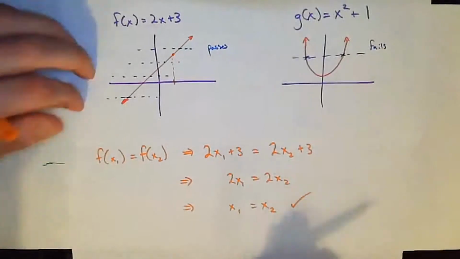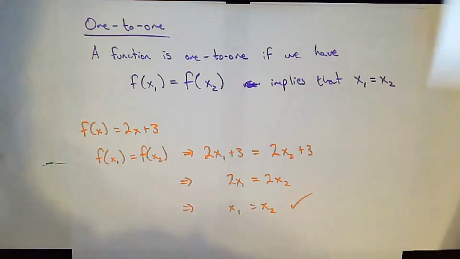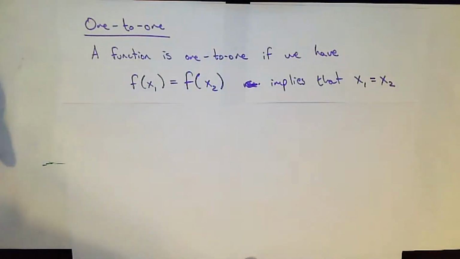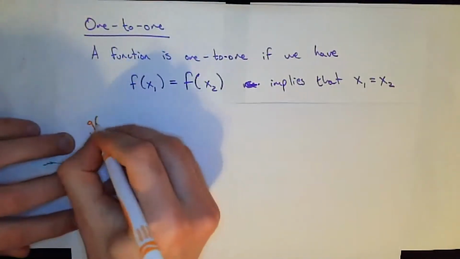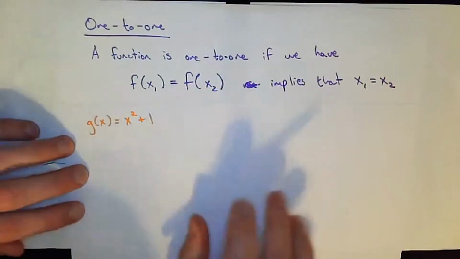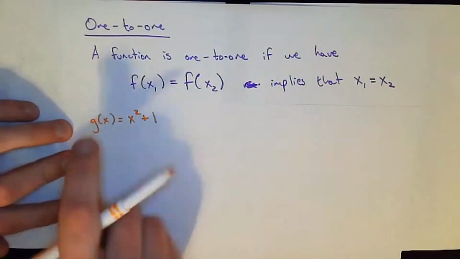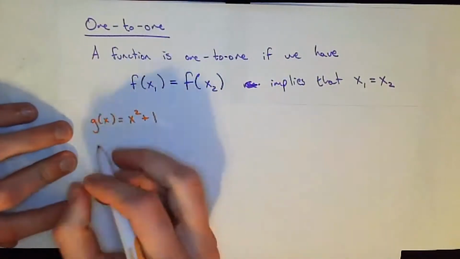Let's contrast that with this g of x function. All right, so I'm just going to lay this on top here. Let's look at g of x equals x squared plus 1. So now I'm going to try to apply this definition. See what happens. It should break down somewhere because I know this function is not one-to-one.